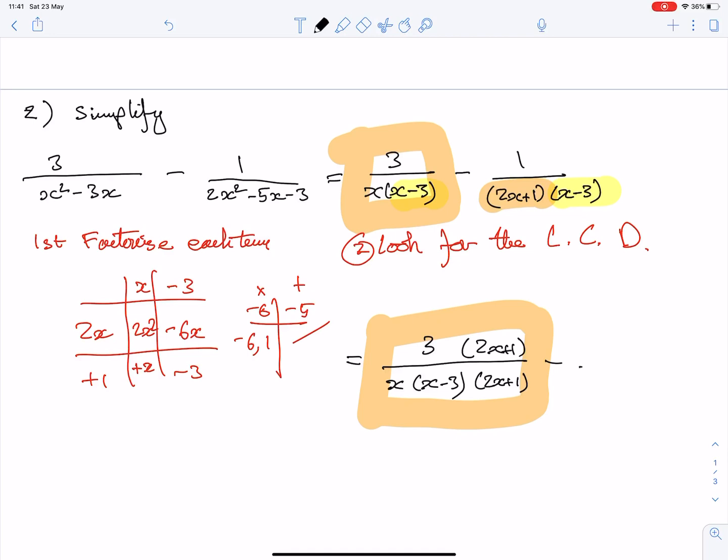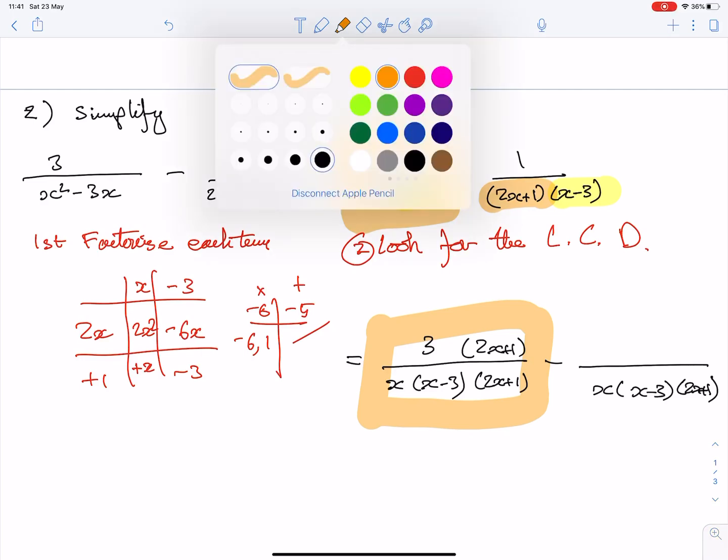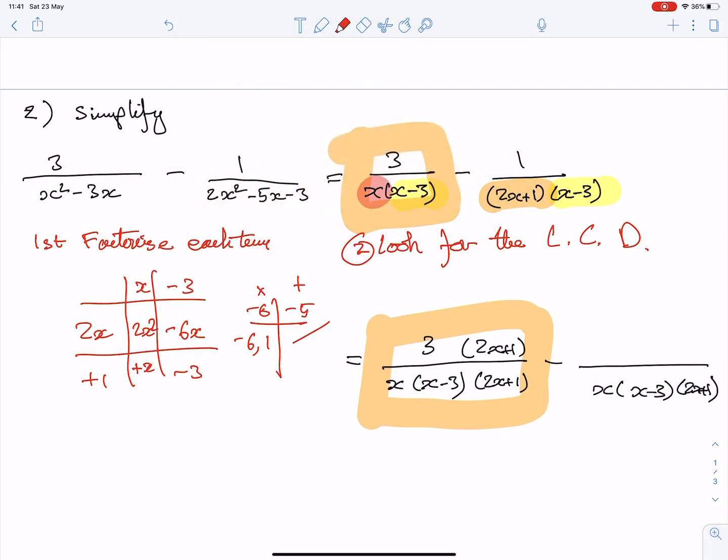So we've got the same denominator, x minus 3, 2x plus 1, and this time the factor that's missing is the x. So we're going to do the x, top and bottom, to give this. So we get x times 1.